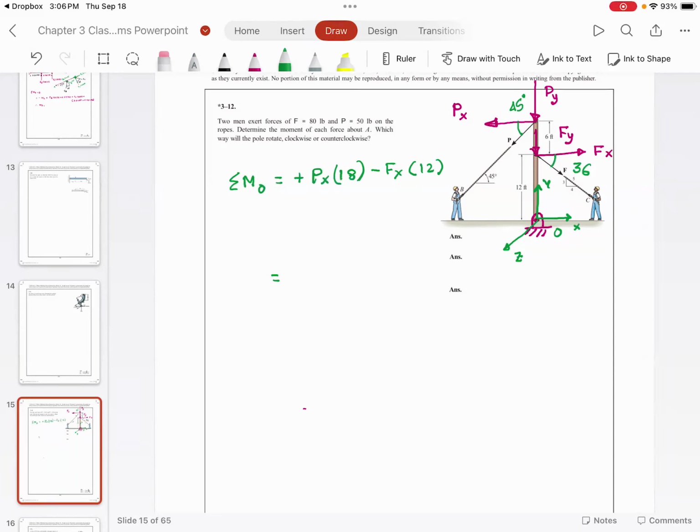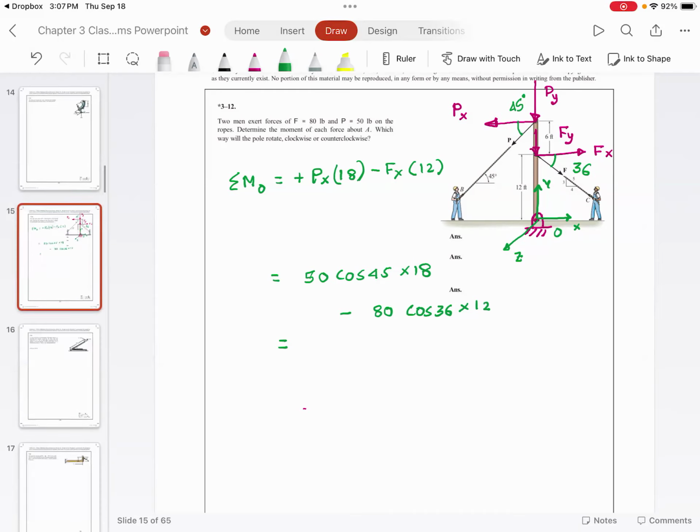So it's going to be 50 cosine 45 times 18 minus 80 cosine 36 times 12. You can calculate, and if it has a positive sign, the moment is positive. If the resultant has a negative sign, the moment is negative.